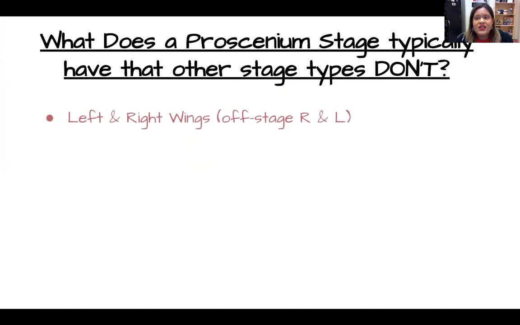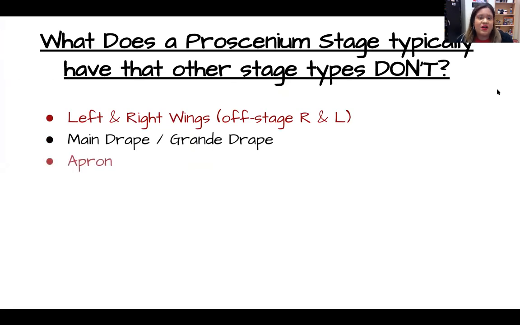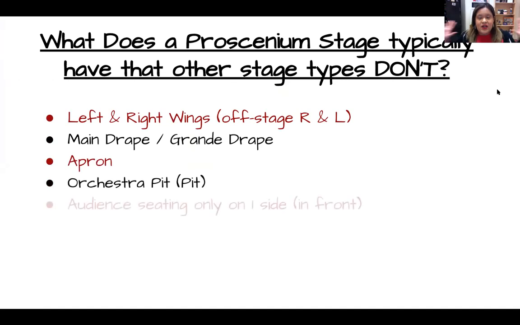And so what does a proscenium stage have that other stages do not? What makes it unique? What makes it different? And so really what that's going to be is the backstage areas on the sides, that main grand drape front curtain, the apron, right, which is the area on the stage between the grand drape and the audience, the orchestra pit, remember where the musicians go.